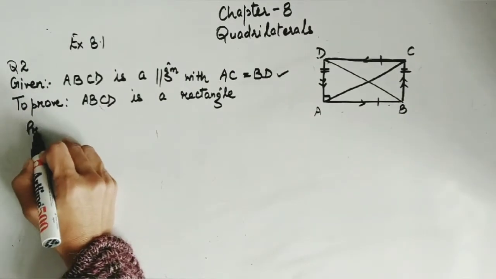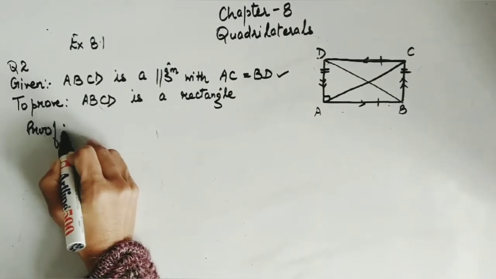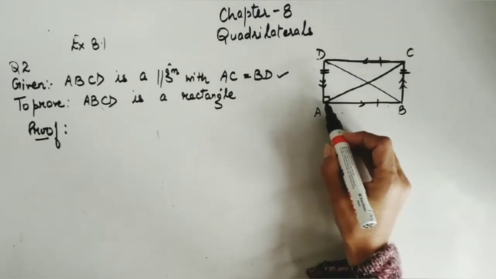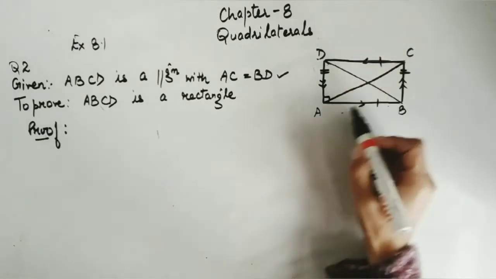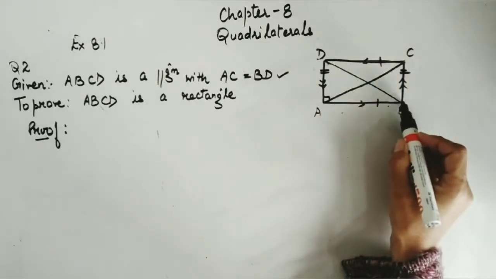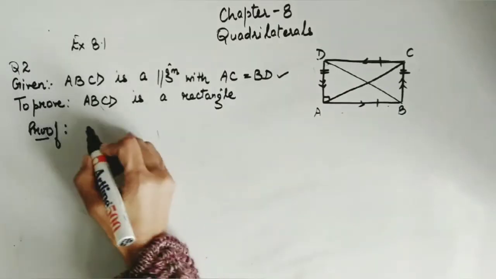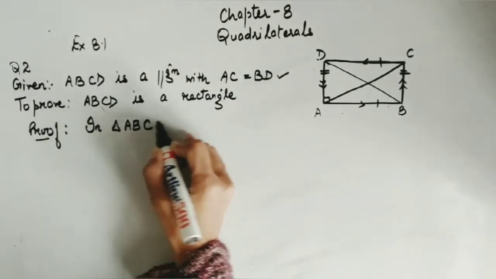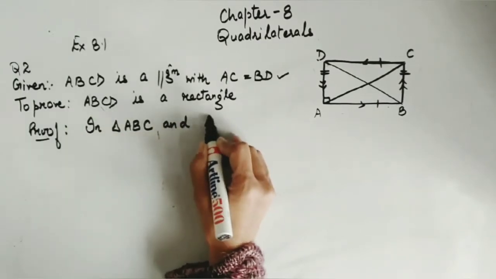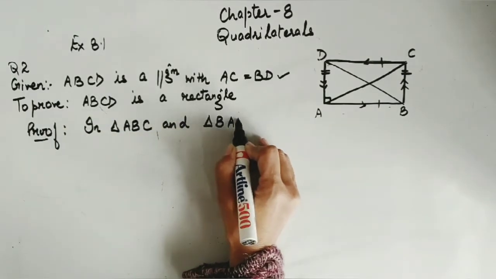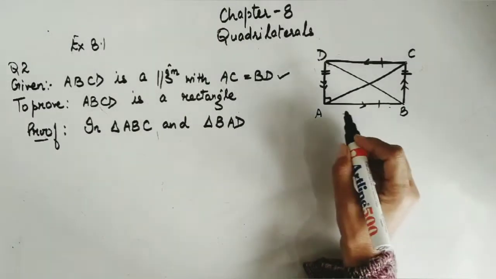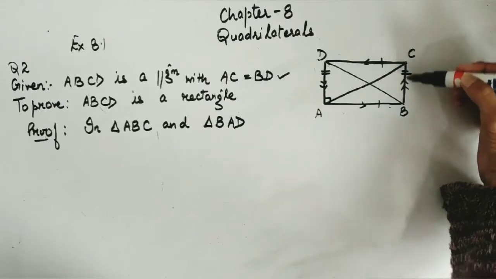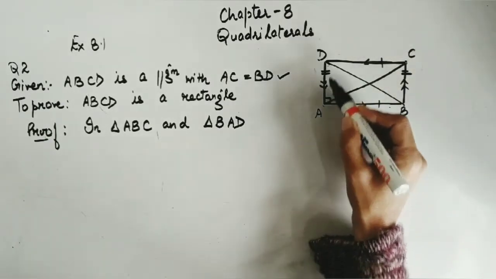So in proof, I would be taking triangle ABC and BAD. In these two triangles, ABC and triangle BAD, first thing is ABC has got side BC, BAD has got side AD.